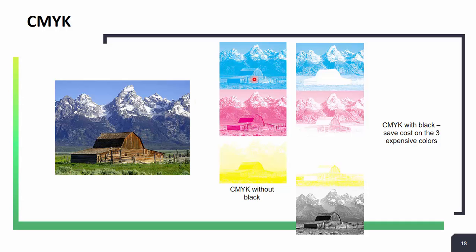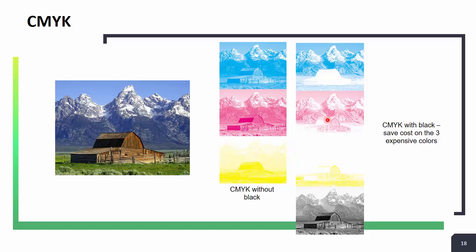So if we decompose it into a black component like this, in the cyan component of the bun, you can see here, there is less cyan already. This part becomes white because it is replaced by black. The magenta component also is less because you see over here, this part is white, less magenta compared to this one.